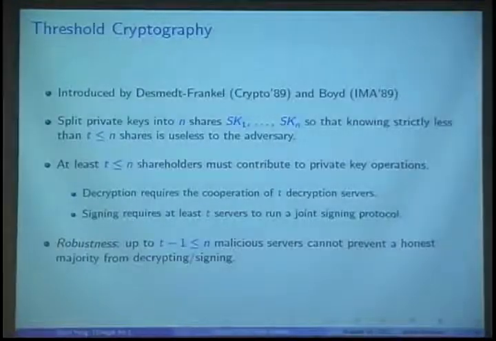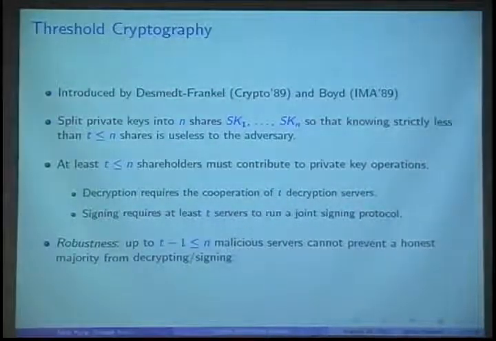This threshold crypto was introduced more than 20 years ago. It's when you take your key, you split it, and then you need a threshold in order to perform the operation, like decryption and signing and so on. It diffuses the single point of failure, and you need also robustness.